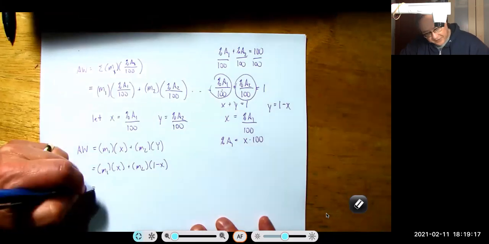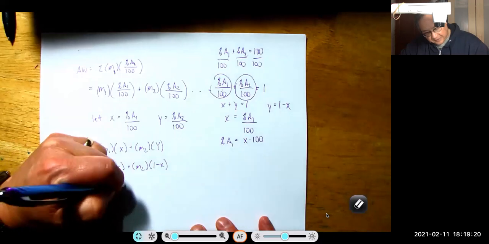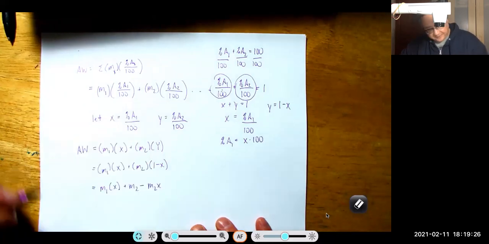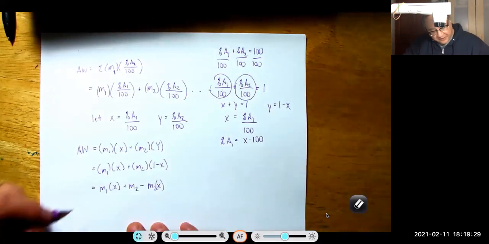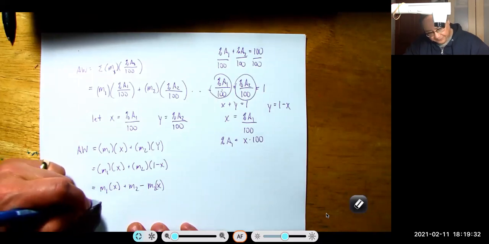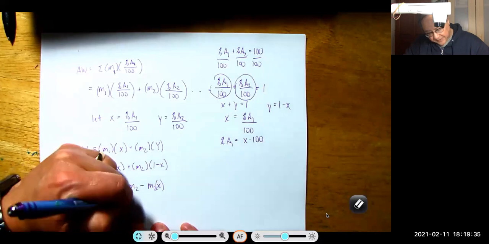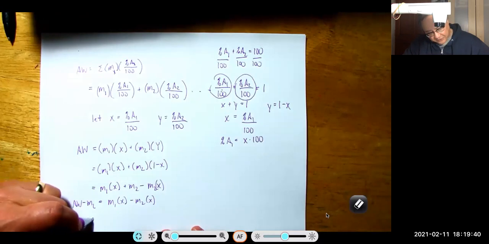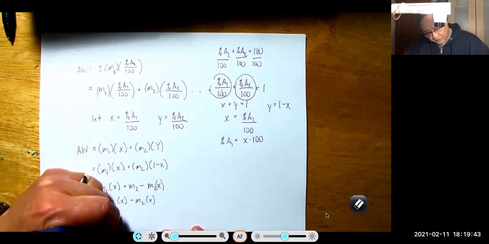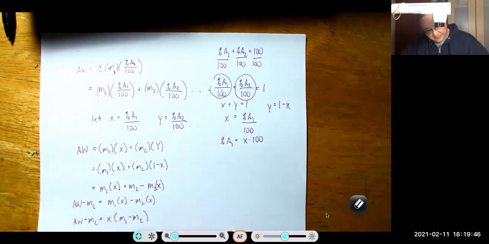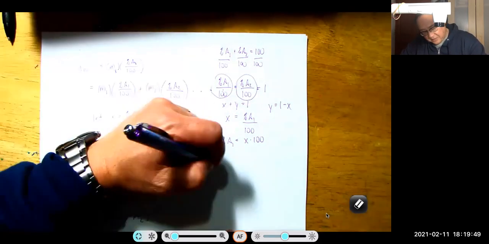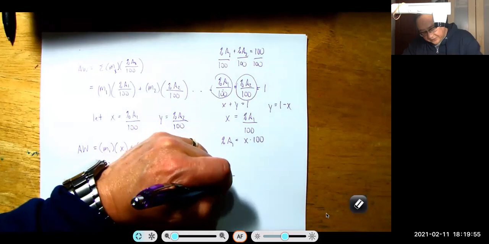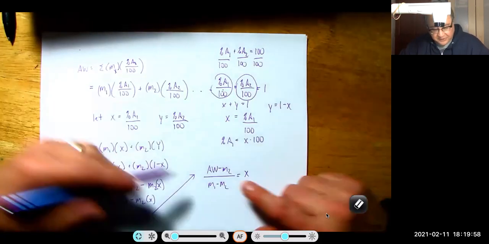And here, this is mass of 1 times X plus mass of 2 minus mass of 2 times X. And then you get atomic weight minus mass of 2 is mass of 1 times X minus mass of 2 times X. And then you get atomic weight minus the mass of 2 is X times (mass of 1 minus mass of 2). And then finally you get that the atomic weight minus the mass of 2, over mass of 1 minus mass of 2, is equal to X. So you just plug numbers in then.